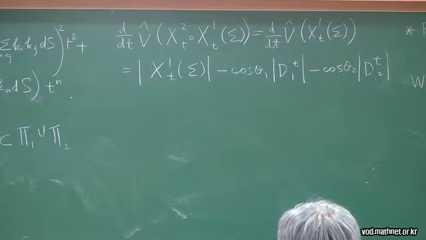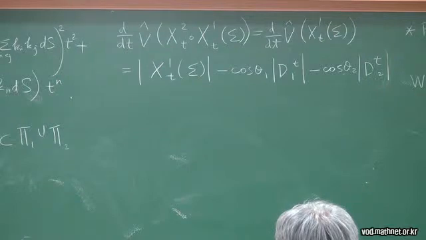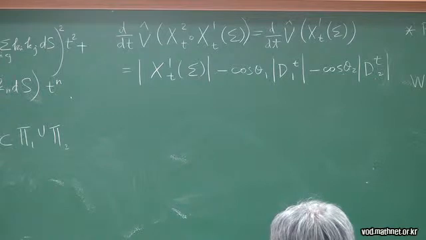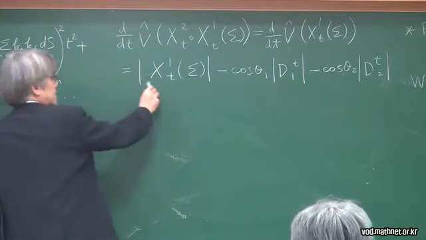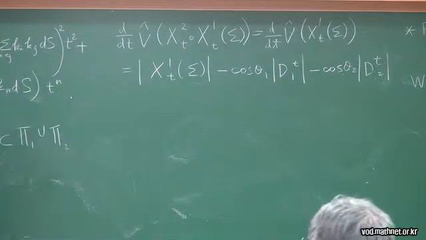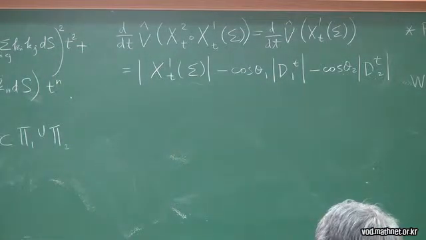By this variation, volume increases by this much. So the increasing rate of the volume on this side of sigma is the area of sigma. That's exactly this. On this side, the increasing rate is the area of this.